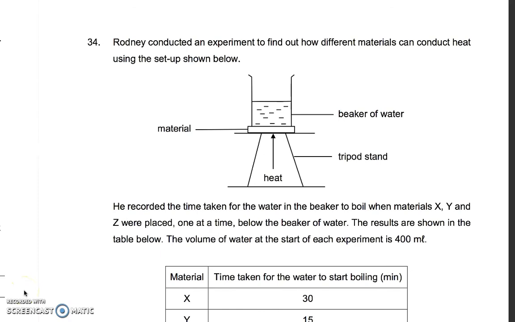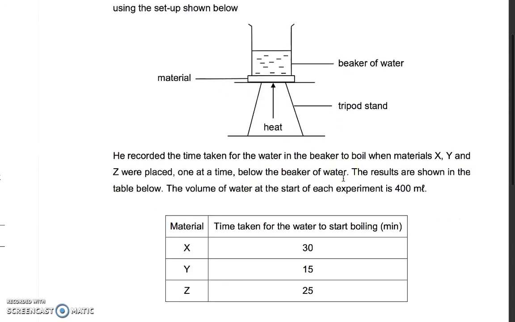Question 34. Rodney conducted an experiment to find out how different materials can conduct heat using the experiment shown below. So you have a material, you have a heat source, and you have a beaker of water. So what Rodney did was to record the time taken for water in the beaker to boil when material X, Y, and Z were placed one at a time below the beaker of water.